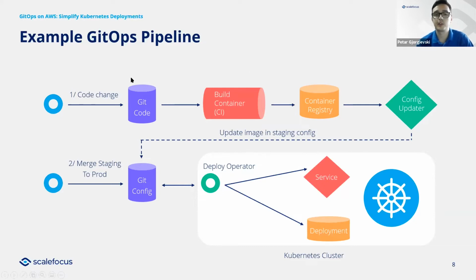So the difference between this and the traditional pipeline is that we have a config updater here, which basically opens a pull request for the infrastructure repository to be updated with the latest image that has been built by the latest changes of the code.